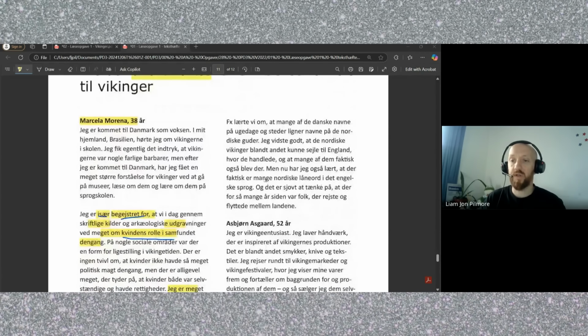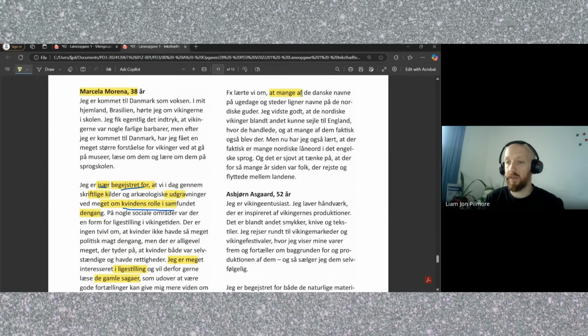Let's scroll up. "For eksempel lærte vi om, at mange af de danske navne på ugedage og steder ligner navne på de nordiske guder." Yeah, so this is saying many of the Danish weekday and place names are from the Nordic gods. That's not related to the English language. Let's see if there's anything else about English in here.